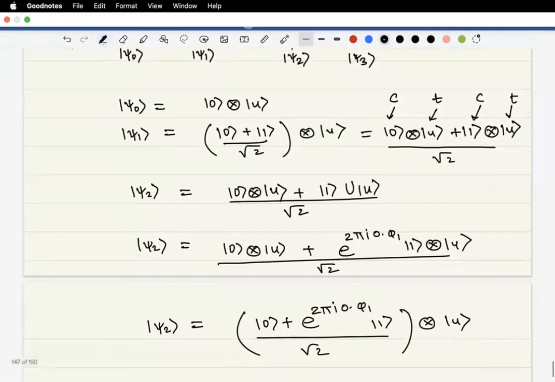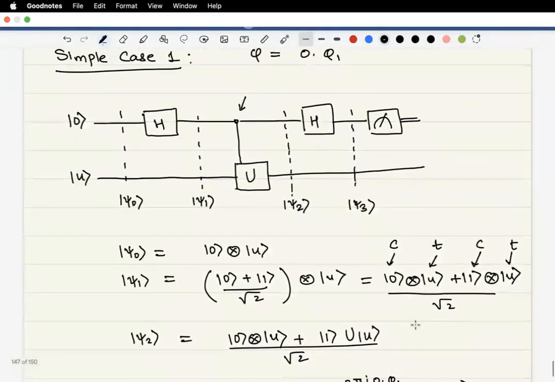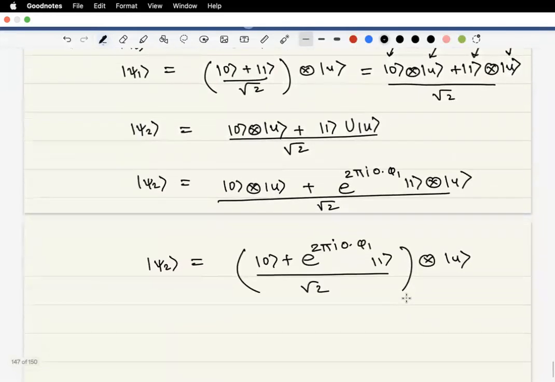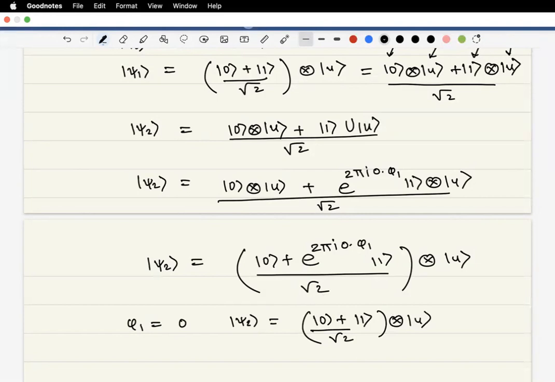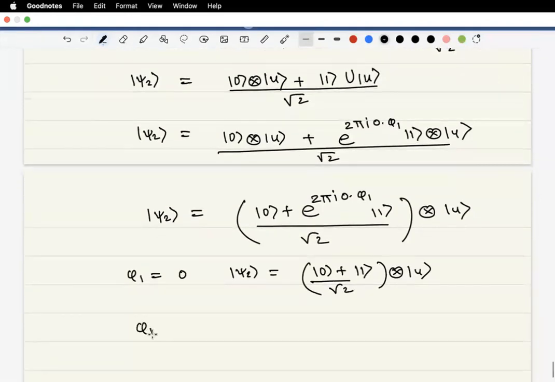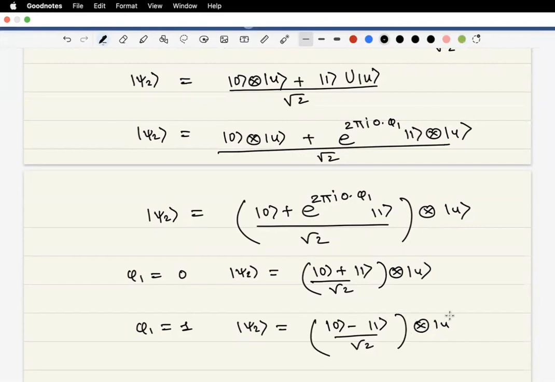Okay, so now if I apply the Hadamard gate over here, then we'll see that if phi1 was equal to 0, then psi 2 is equal to 0 plus 1 over square root of 2 tensor u. And if phi1 was equal to 1, then psi 2 will be equal to 0 minus 1 over square root of 2 tensor u.